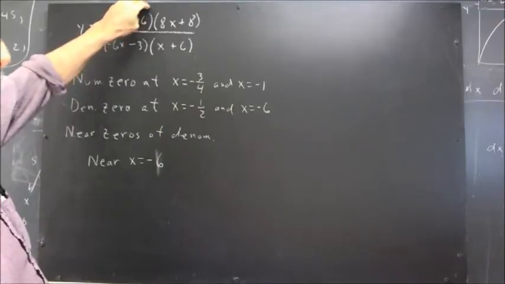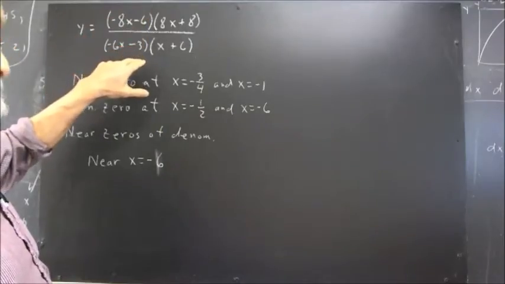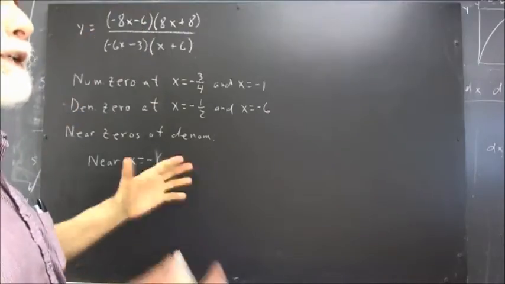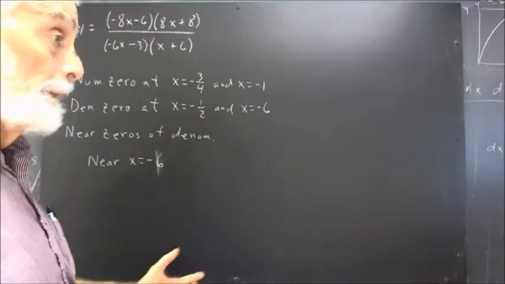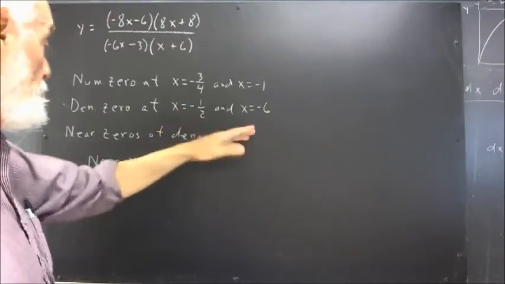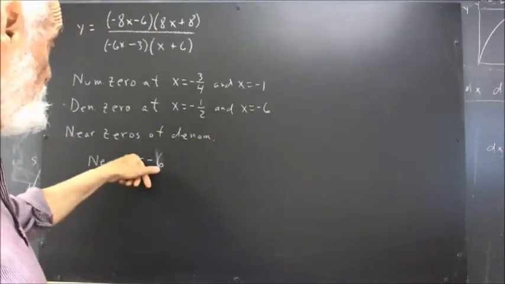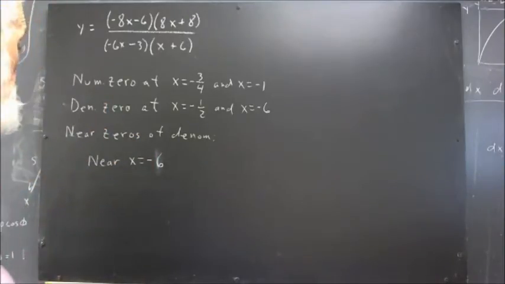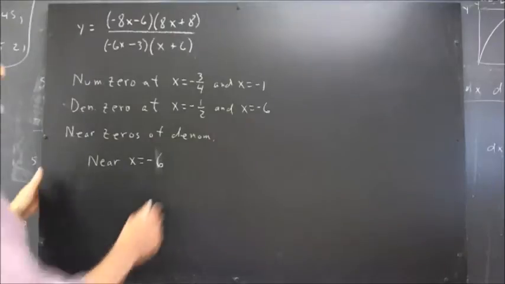And if the numerator doesn't happen to be 0, then the denominator is going to divide into the numerator a whole bunch of times. Maybe positive, maybe negative. Maybe positive on one side of the 0 and negative on the other side of the 0. And that's going to be the case here. So near x equals negative 6, what happens?